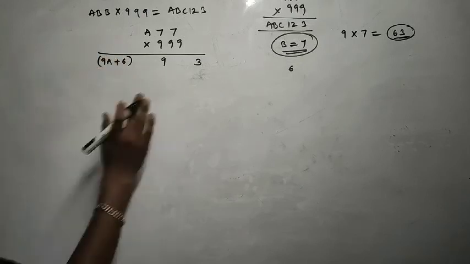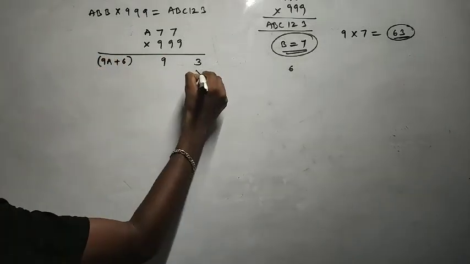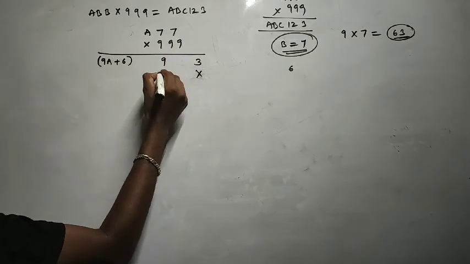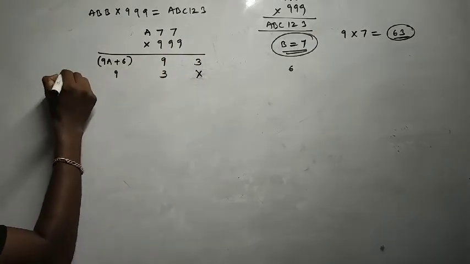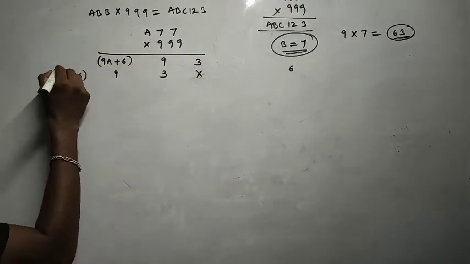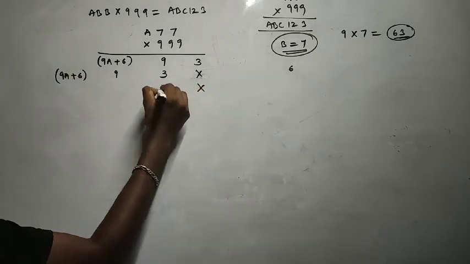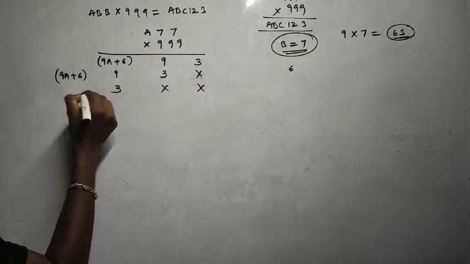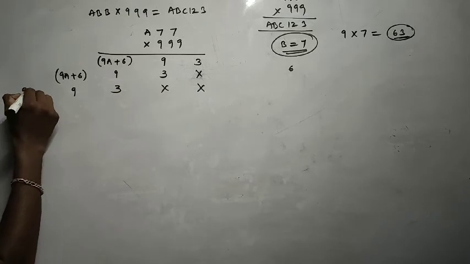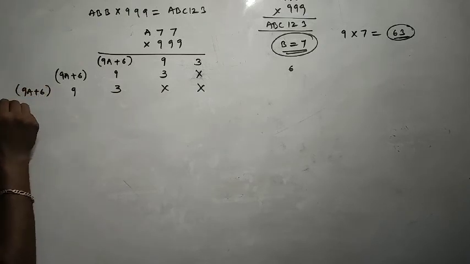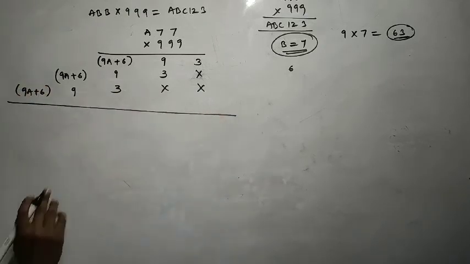One term of the multiplication is completed. With the second 9 now: 3, same 9, same 9A plus 6. With the third 9: 3, 9, 9A plus 6. I think this is the way of multiplication. Am I right?